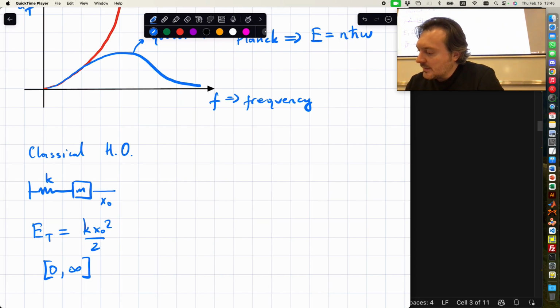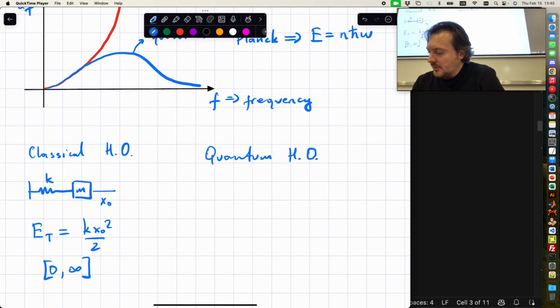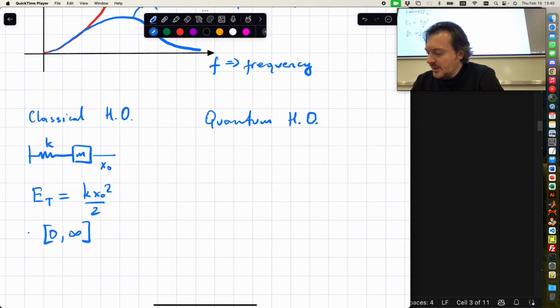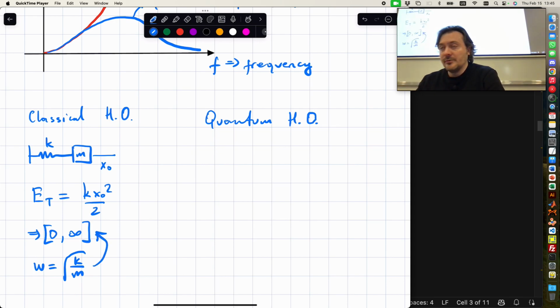But quantum mechanically, the quantum harmonic oscillator says that, by the way, you can see energy can be anything, has nothing to do with frequency. The frequency is square root k over m, and you don't see any square root k over m here. Doesn't matter whether your spring is stiff or soft. It doesn't matter whether your mass is massive or not.